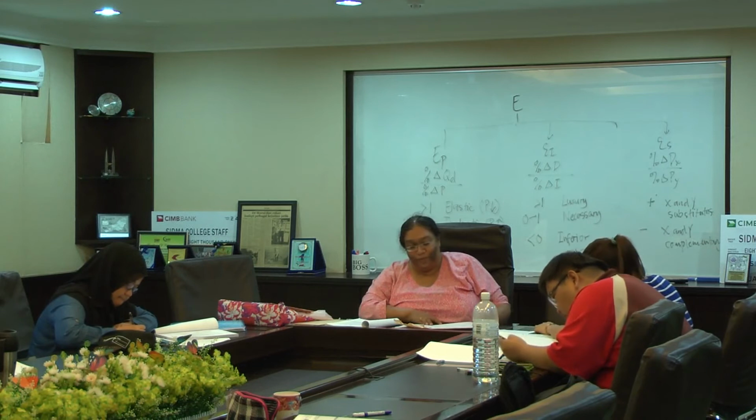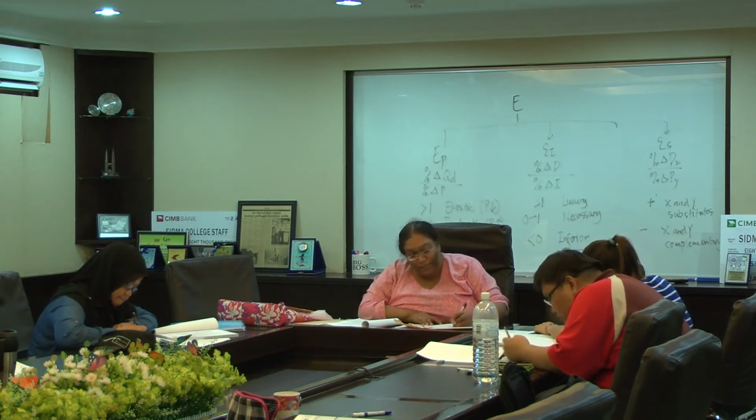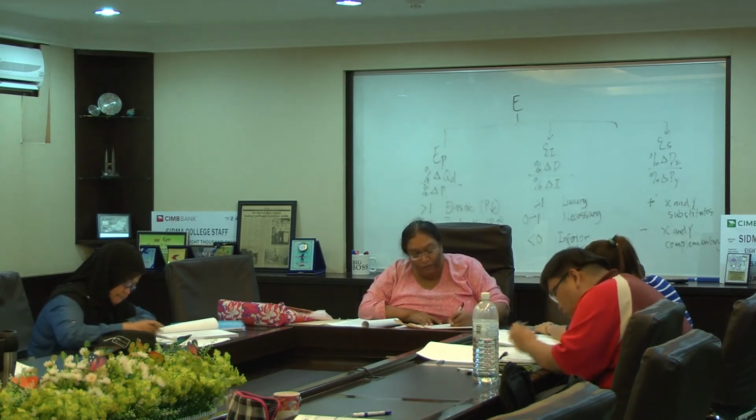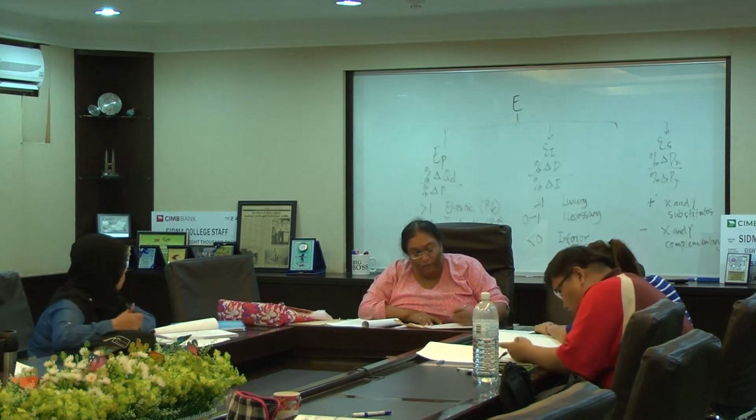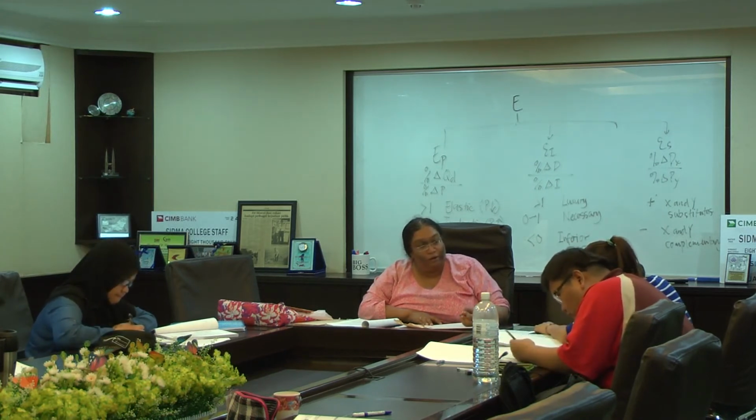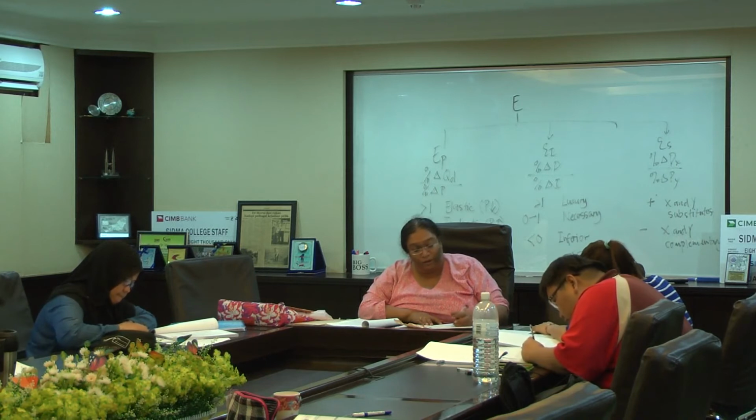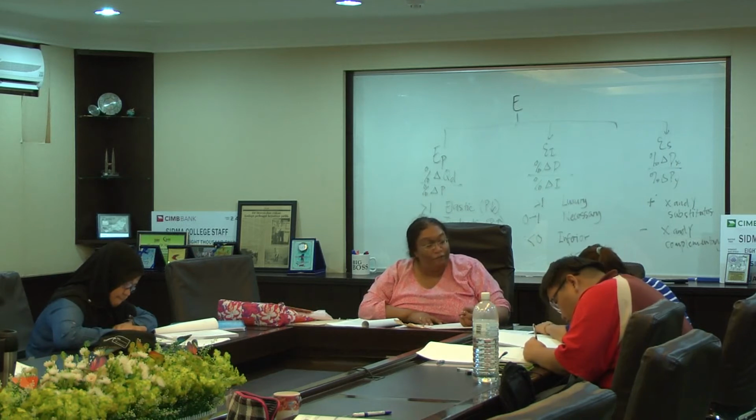Okay. Then calculate the percentage change in income. Correct or not? What is the percentage change in income? How do you calculate? Negative 40%. Don't forget to put negative 40.